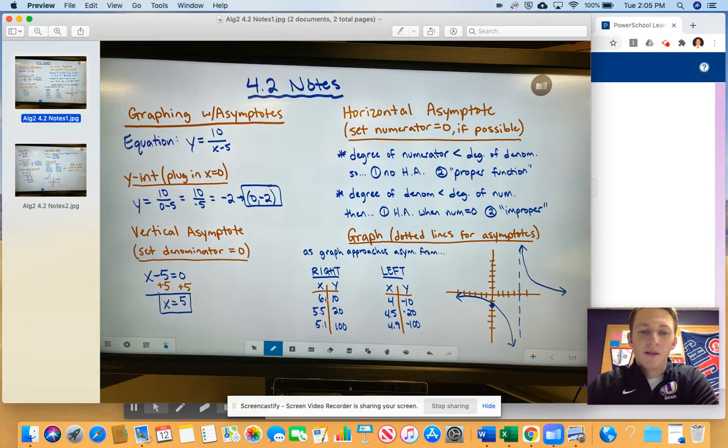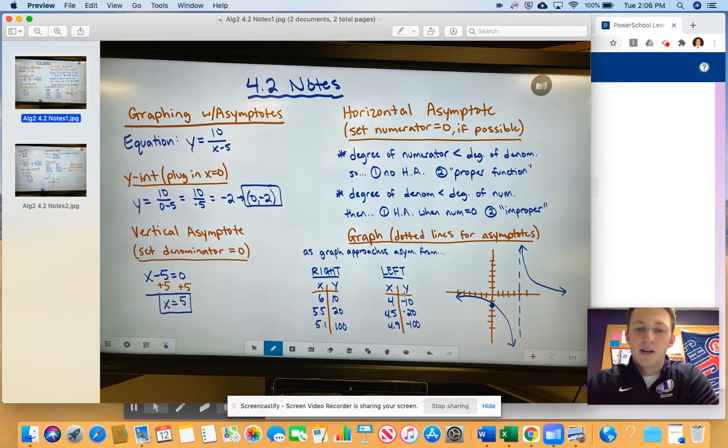If we plug in 6, we go up to 10. Say that's right about here. I know that's not accurate, but I'm not a perfect artist. If we get a little closer at 5.5, we go up to 20. And at 5.1, we go all the way up to 100. So our graph is just going to keep going up and up and up as we approach this asymptote.